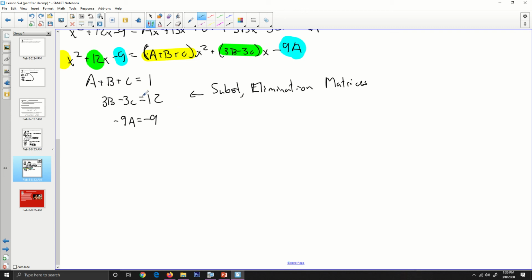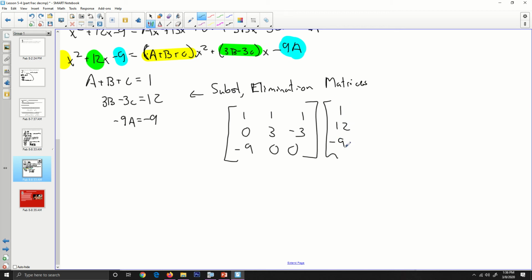I would go 1, 1, 1. I would go 0, 3, negative 3. I would go negative 9, 0, 0. And then I would go 1, 12, negative 9.